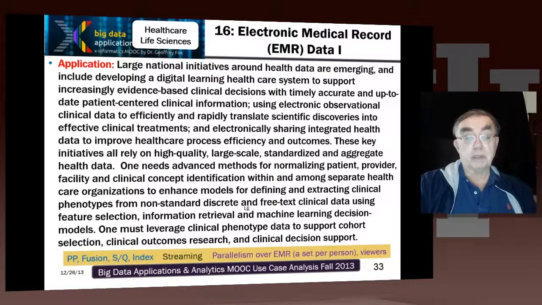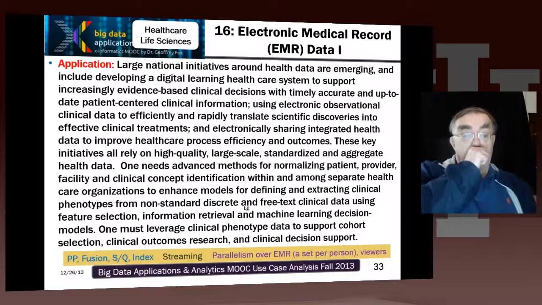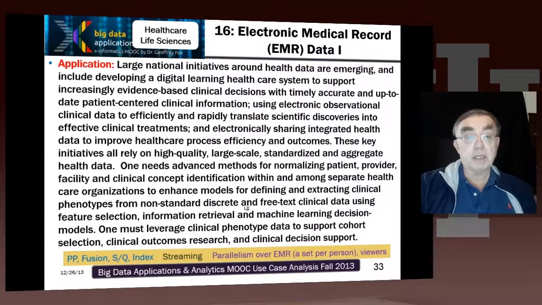So this requires health data, which by definition is set up as electronic medical records, and we need to be able to link that data between different sources. So we need normalized ways of getting that information and recording the information. That's called having ontologies, which classify all the key things that we're trying to record.